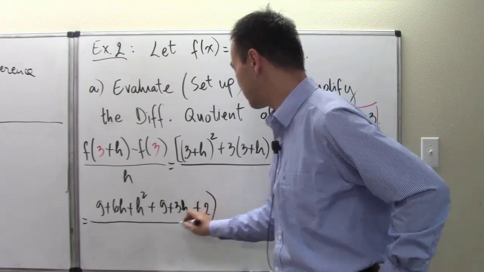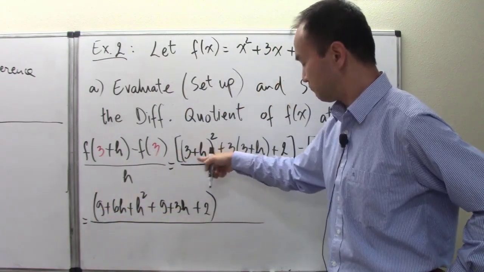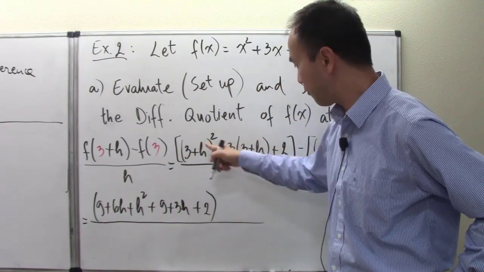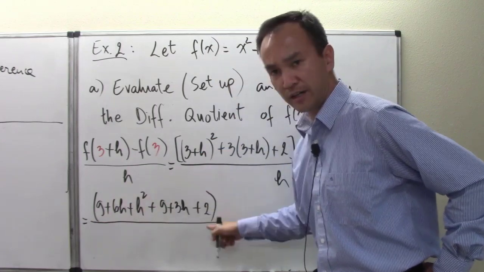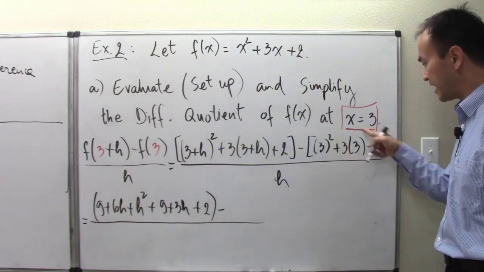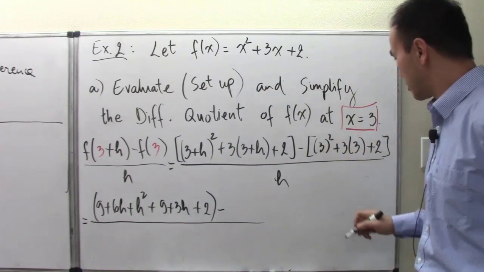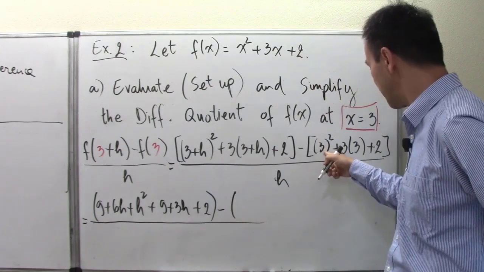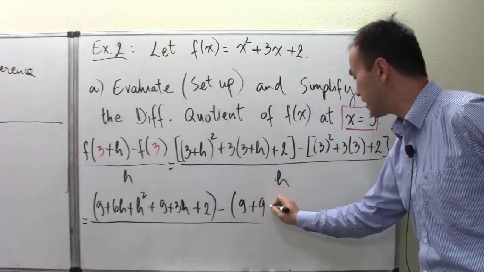Everything here is the end result of the FOIL version and the distributed version, but in the end it's still one group. Then I'm going to subtract, and everything here we can proceed into numerical calculation. So 3 squared is 9, plus another 9 from 3 times 3, plus 2.